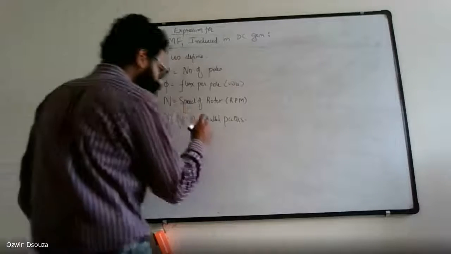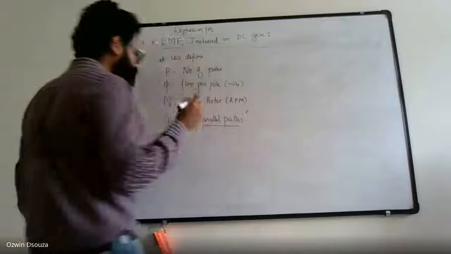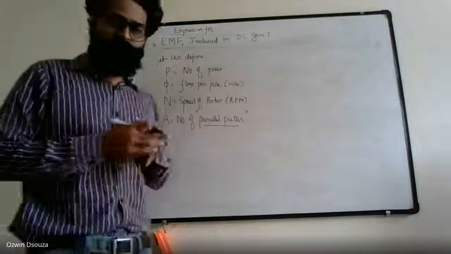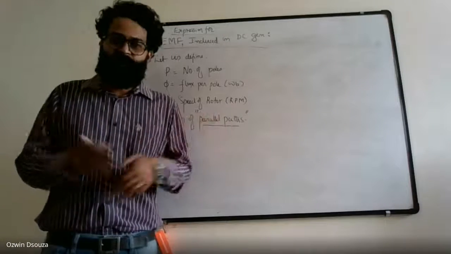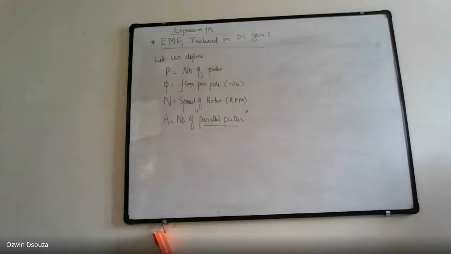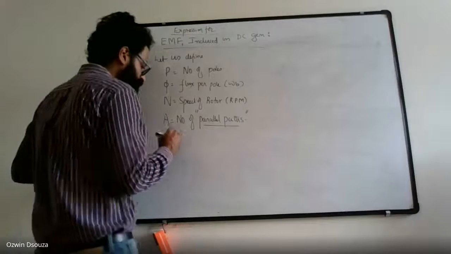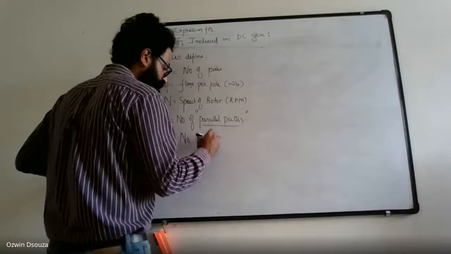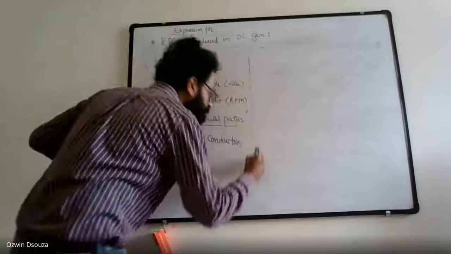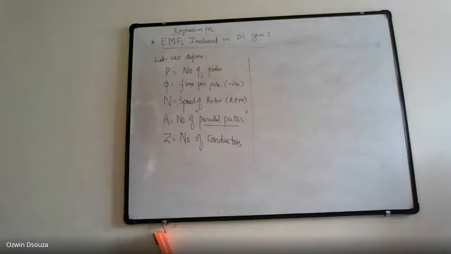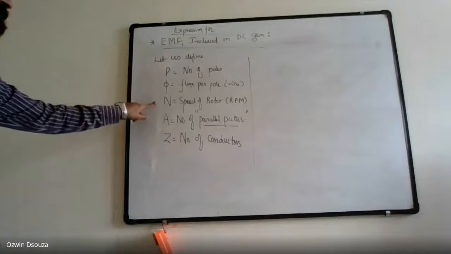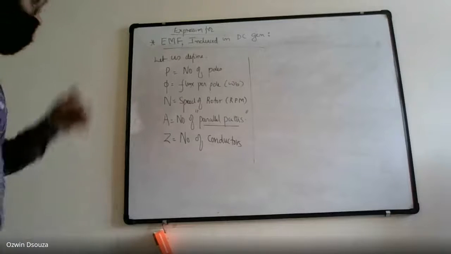You can just think of this keyword, parallel paths. Parallel paths refers to the distribution of conductors in different paths. Paths could be 2 or more. And then let us also define Z is equal to number of conductors. So what we have done so far, we have defined certain machine constants: poles, flux, speed, parallel paths, and number of conductors.